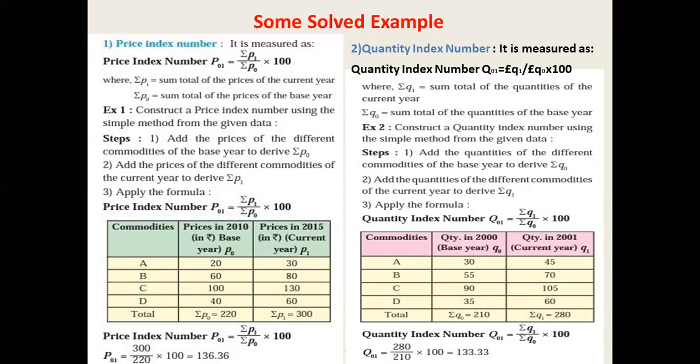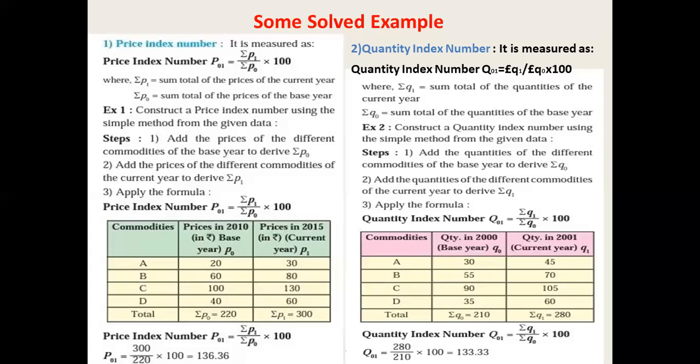In the price index number, we compared the price, and in the quantity index number, we compare the quantity. So the quantity index number Q01 is equal to summation of Q1 upon summation of Q0 multiplied by 100. That is the formula. For commodity A, the base year quantity is 30 and the current year quantity is 45.